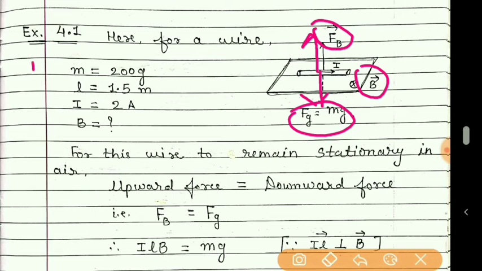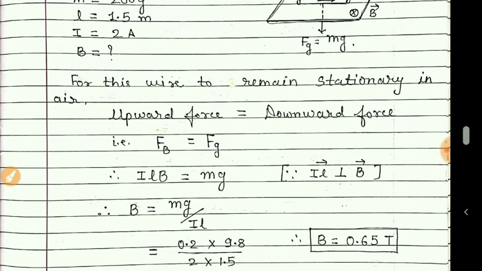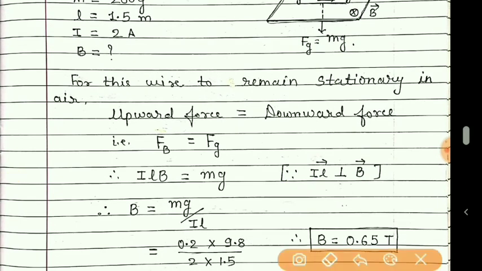Here mass of the wire is given, length of the wire is given, current flowing in the wire is also given, and we want to find the required magnetic field to balance the wire in air. That means to keep that wire stationary in the air. So it is clear that the upward force should be equal to downward force.